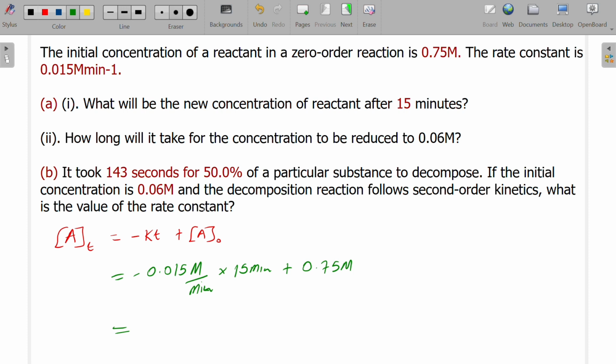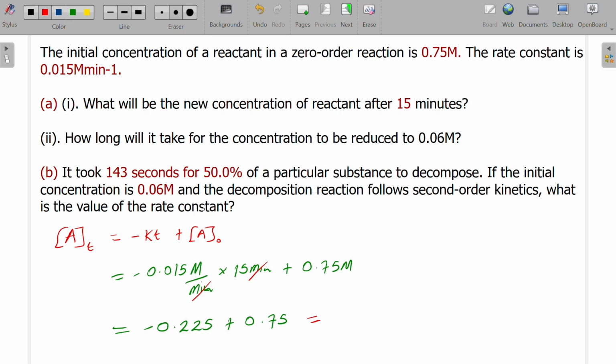What we have to do here is mathematics. 0.015 multiplied by 15 gives me minus 0.225. And then this is added to 0.75. Now remember, our units are going to cancel: this minute and that minute will cancel, so our final concentration will be in the units of molar concentration.